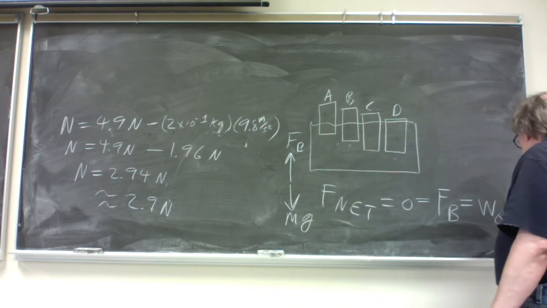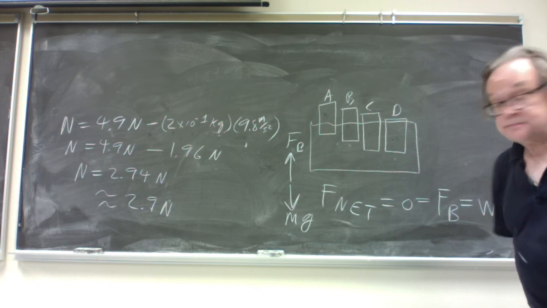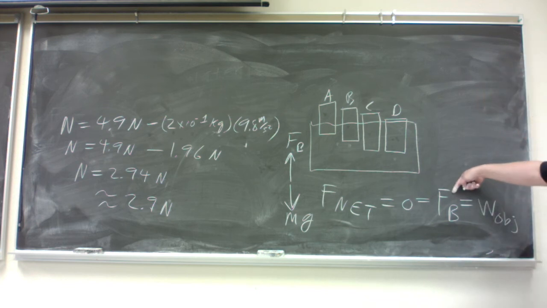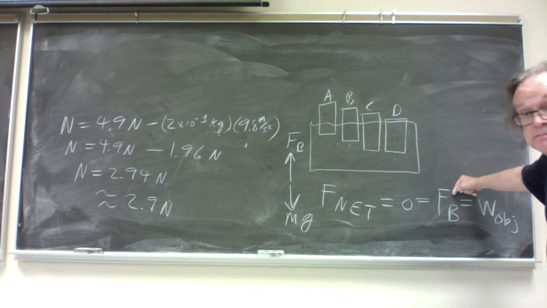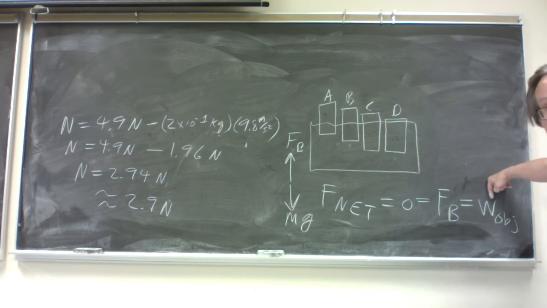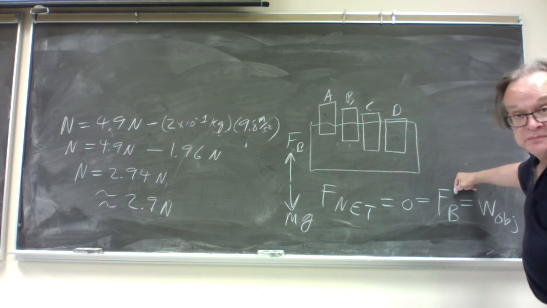The weight of the object. And remember, this is always weight of the water displaced. A bigger weight, a heavier object, has to displace more water in order to float.